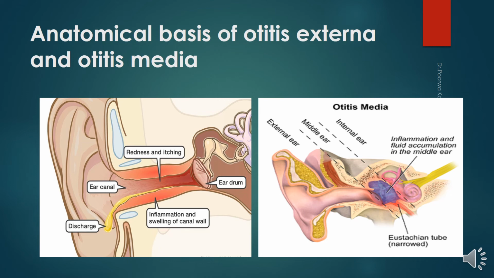The tympanic membrane is a fibroelastic membrane with three layers: epidermic, fibrous, and mucous. It is divided into pars flaccida and pars tensa, and it separates the external ear from the middle ear.